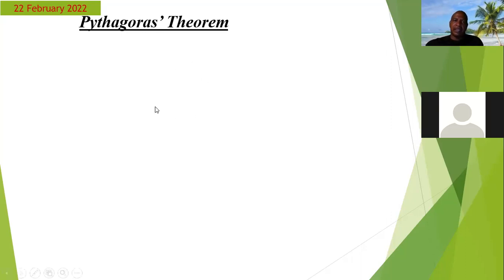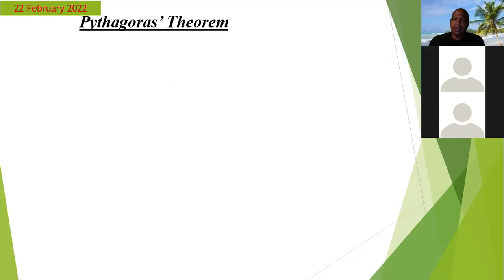All right, so with that said, what is the theory behind Pythagoras' theorem? Now, I'm just giving you a background. Pythagoras is the name of a person, and his understanding or his investigation into how the sides of triangles are related led him to what we call a theorem or a fact.